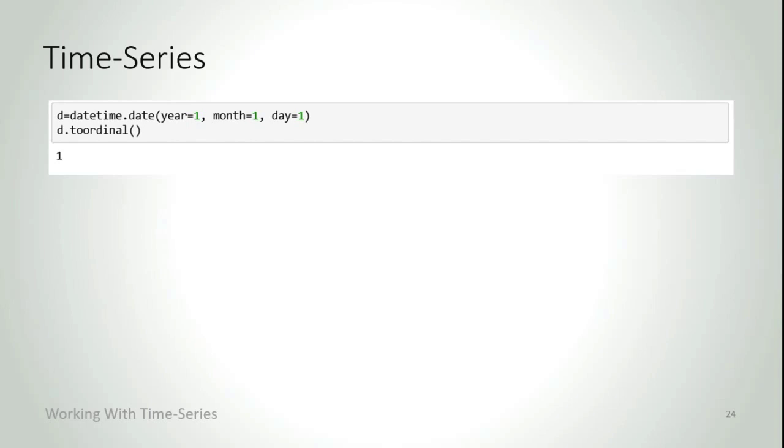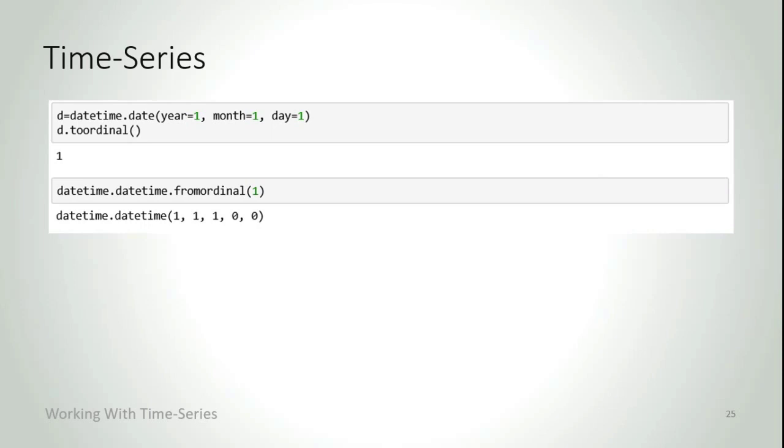This date can be converted to the ordinal number by toordinal, and as you see, this is the date object corresponding to the first day of the first month of the first year, and the ordinal is 1. Okay, and if I want to do the inverse conversion, I have the function fromordinal, which gets the ordinal and gives back the date object or datetime object.